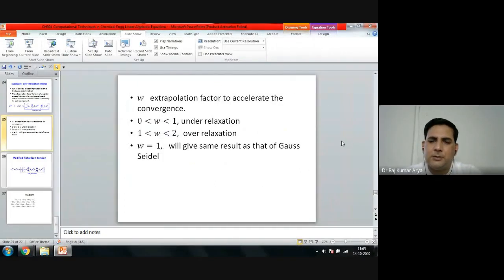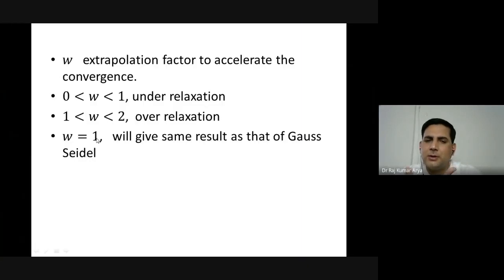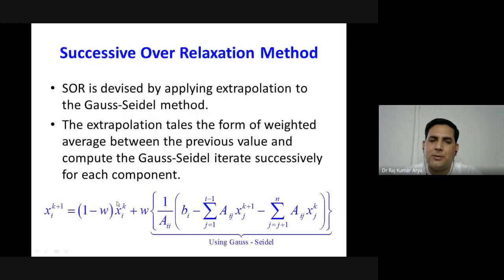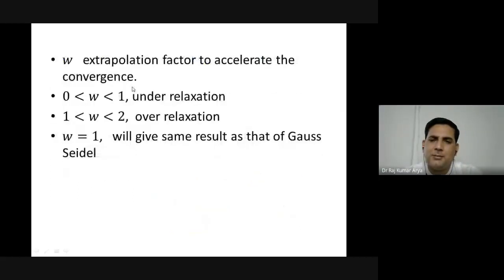When you put W equal to 1, you go back to your Gauss-Seidel, because if you set W equal to 1, this term will completely cancel, and you will just get your Gauss-Seidel one. Also, people generally take it nearly 0.5 for each calculation. So you can also choose that way, and you can also make your program and calculations.